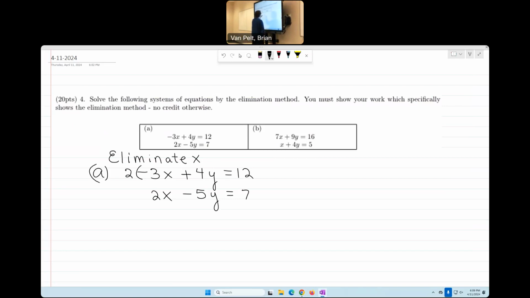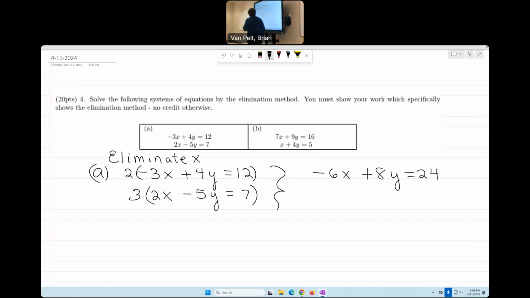Stop for a second. Take this 3 here. Now pause, think about what you have here. Doesn't it start as negative 6x in the top, positive 6x in the bottom? Exactly what you want to accomplish. So this here turns into the following. We have negative 6x, 8y equals 24.